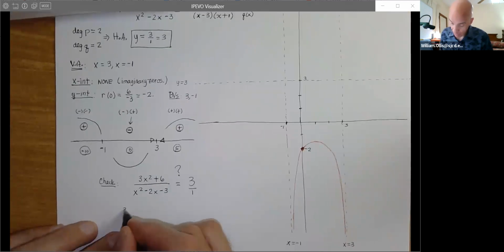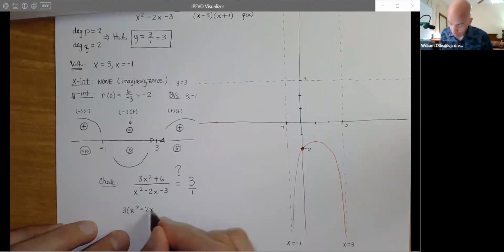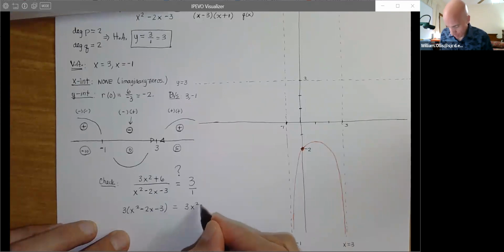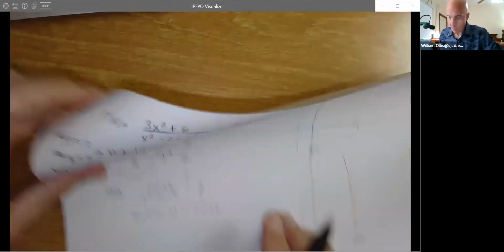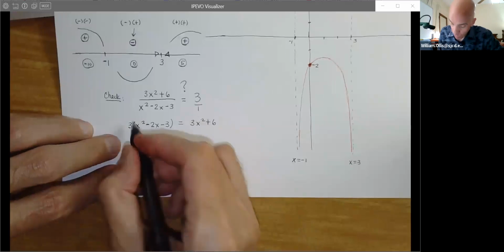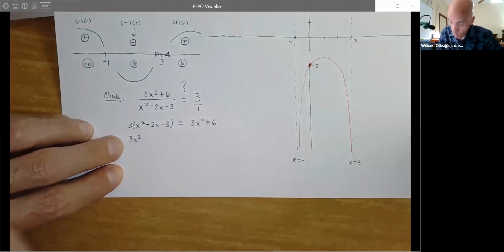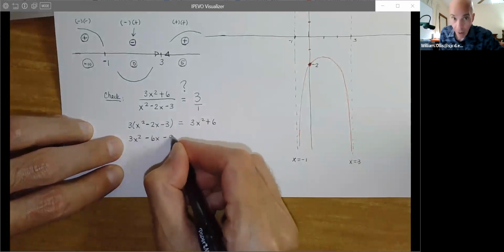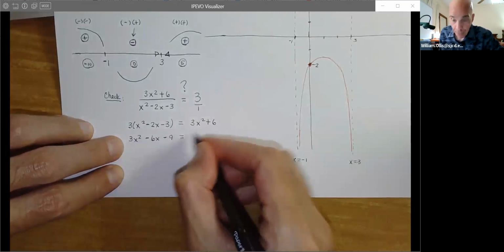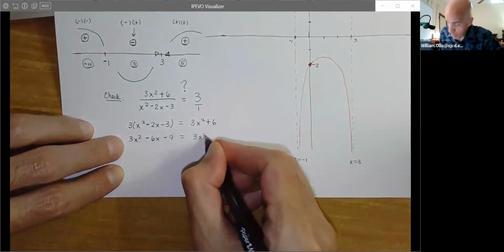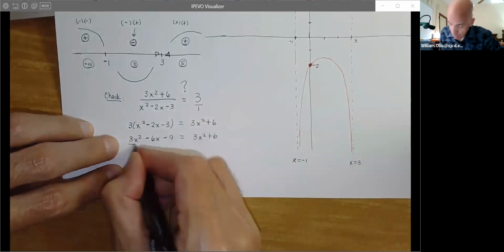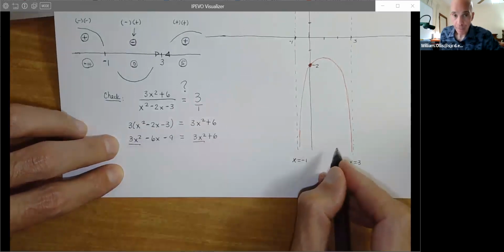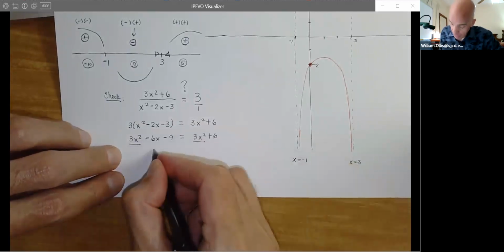So let's cross multiply. 3x squared minus 2x minus 3 equals 3x squared plus a 6. And now 3x squared, well, that's good because the square terms are going to absorb, minus 6x minus 9 equals 3x squared plus 6. So the square terms absorb. And then we get a negative 6x.